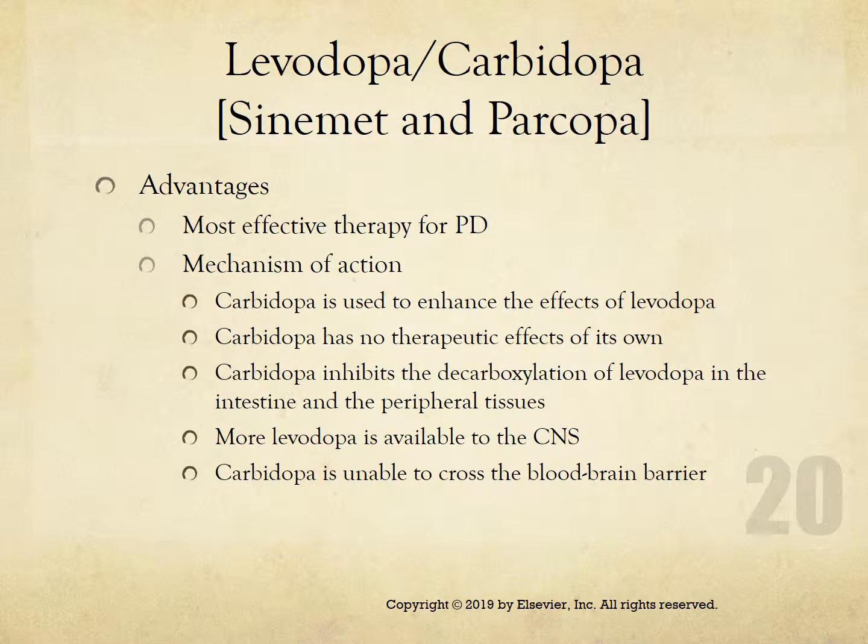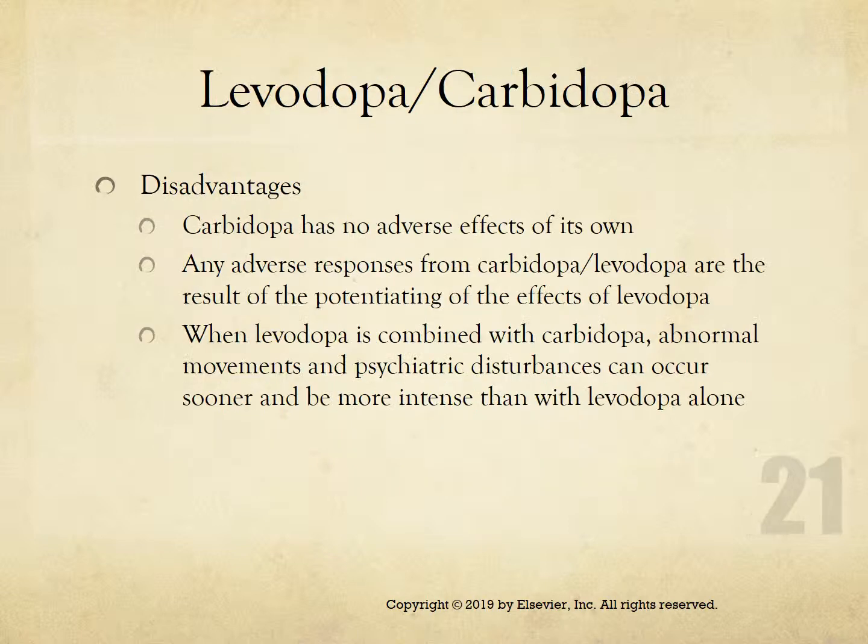So when the levodopa is given in combination with carbidopa, this is the most effective therapy. The carbidopa helps to enhance the effects of the levodopa, has no therapeutic effects of its own, but it definitely helps with all the other side effects that are caused by having the levodopa.